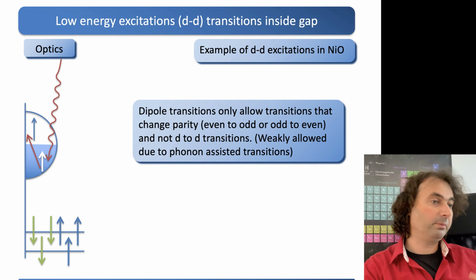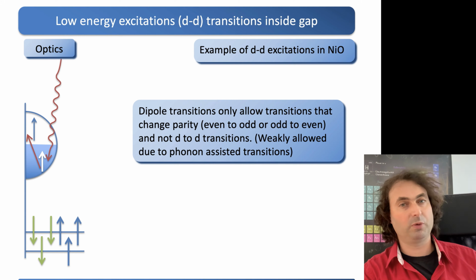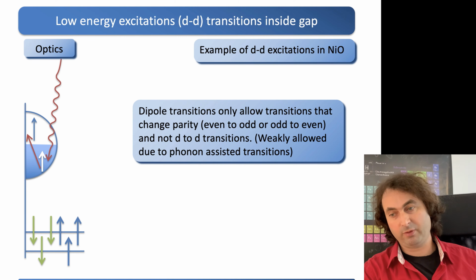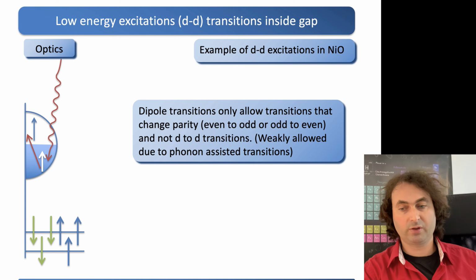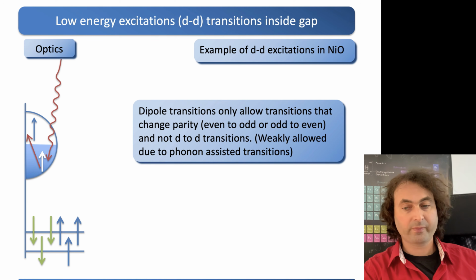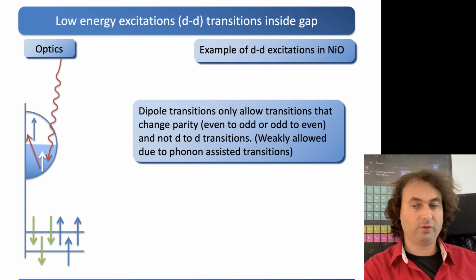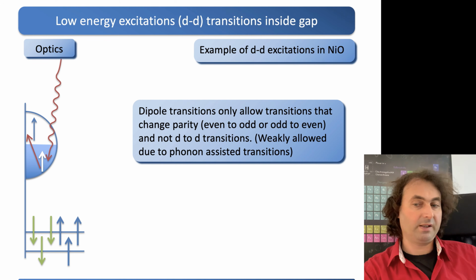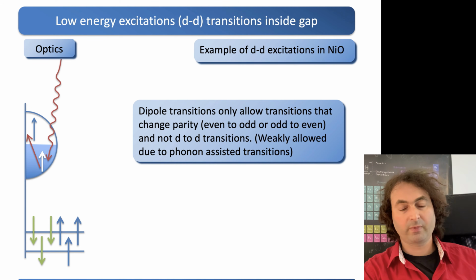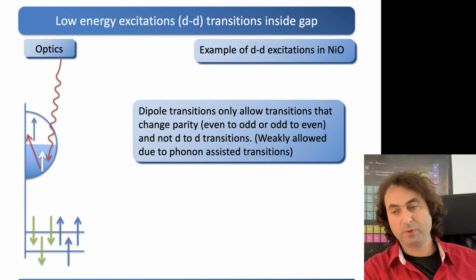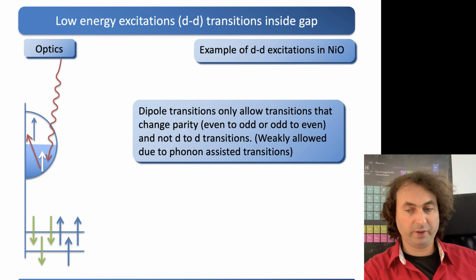A photon can make these local excitations, but one should be careful, because when you interact with a photon, you have to have a parity change in your system. You make excitations between even and odd states. And if you want to make a transition between two d orbitals by either flipping the spin or the orbital, then this is even to even, so that in principle they would be completely forbidden.